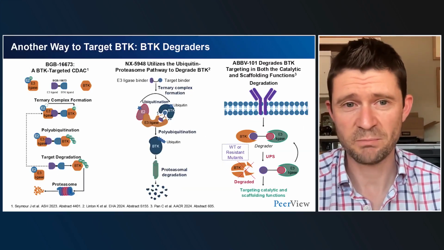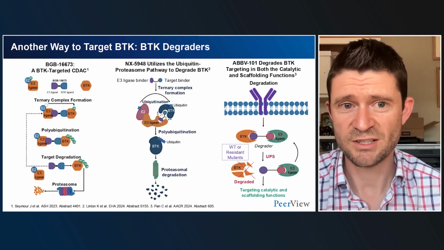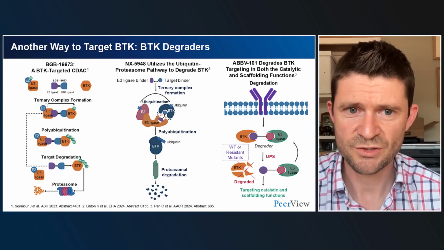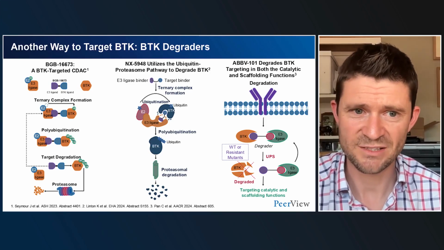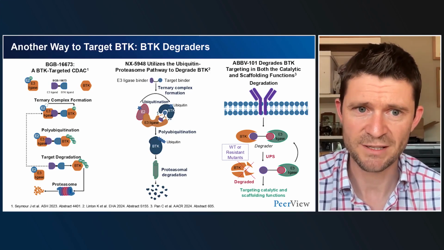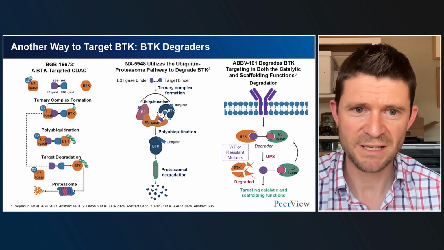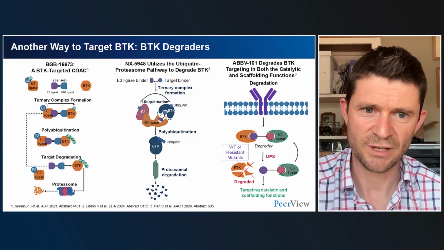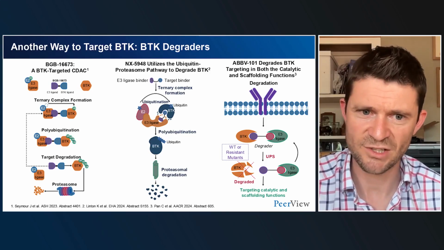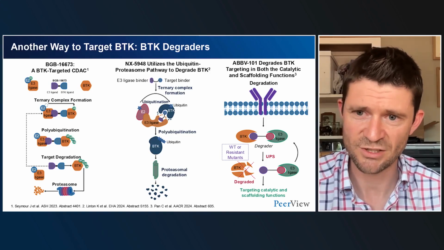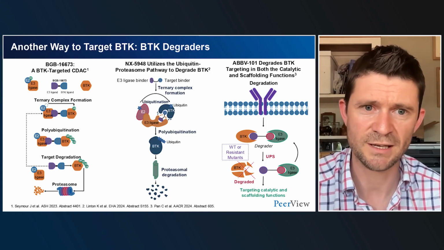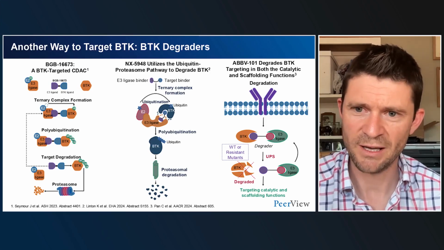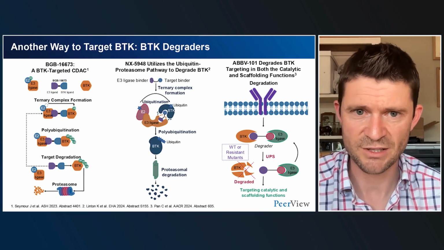Another way to target BTK is by degrading the BTK protein. This works through a target binder which latches onto the E3 ligase binder and then brings BTK in contact with E3 ligase, and that leads to ubiquitination and then proteasome degradation. So you can target a specific protein within a cell by developing a specific degrader to that protein.